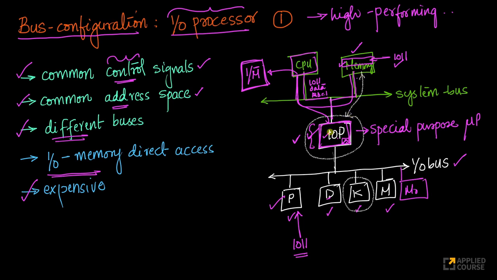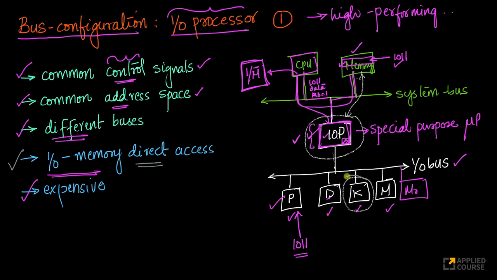This IO processor, at the end of the day, is also a microprocessor, just a special purpose microprocessor. In this setup, I can have a direct line between a device like the keyboard and memory, so whatever data the keyboard is sending, it can directly store in the memory without going through the CPU. So one of the big advantages of this type of setup is that IO memory direct access is possible.